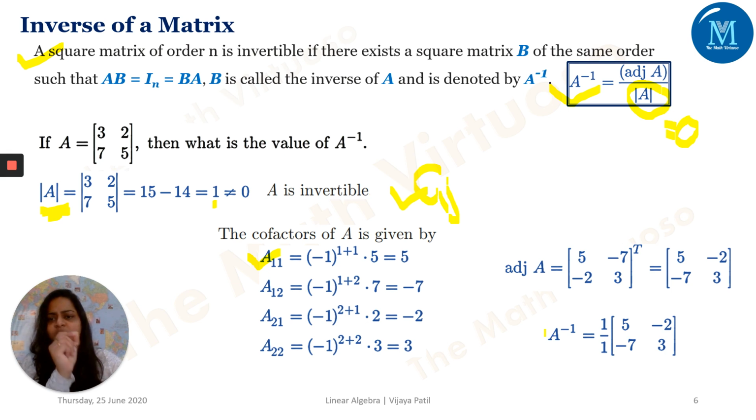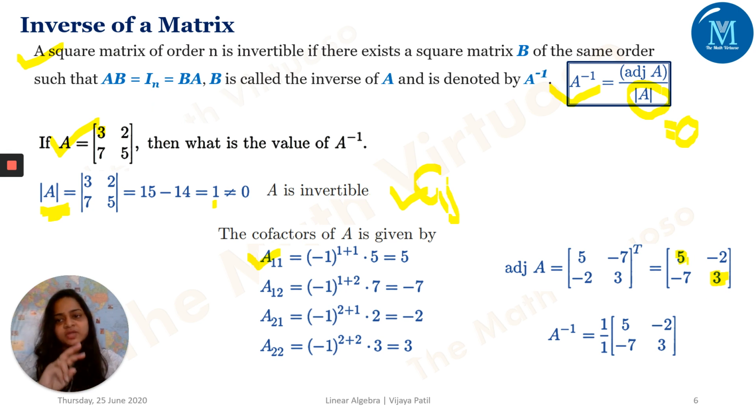Now, one very small observation I wanted to let you know about here. It's a 2 cross 2 matrix, and I can write down the adjoint of a 2 cross 2 matrix directly from here. If you observe, the 3 has shifted from A11 to here, and the 5 has shifted from here to here.